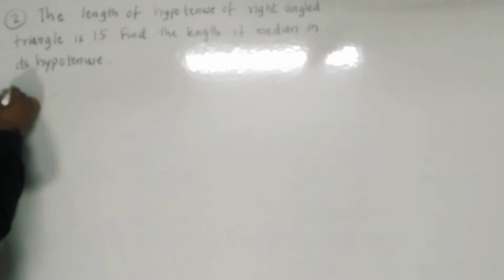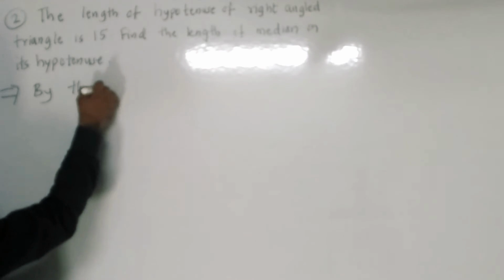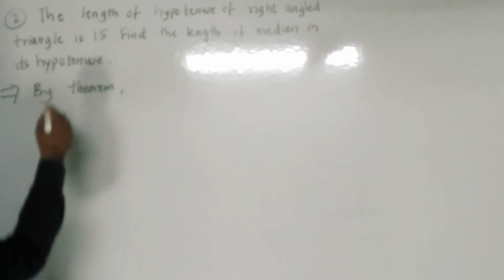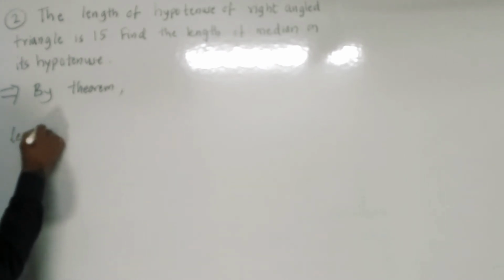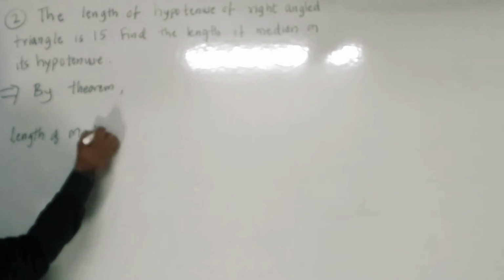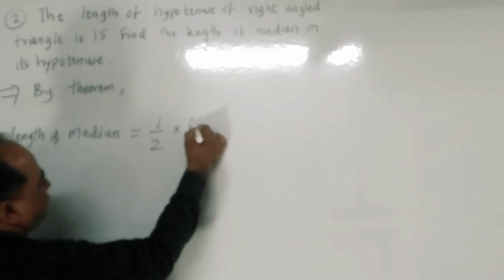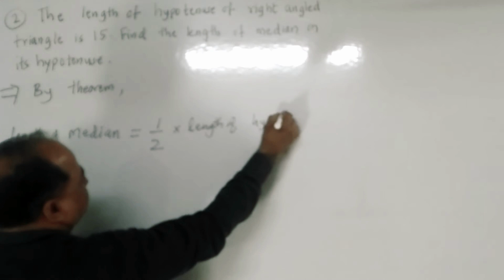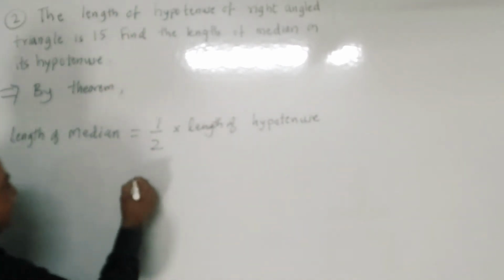So, by the theorem of the median on the hypotenuse of a right angle triangle, the length of the median is half into the length of the hypotenuse.